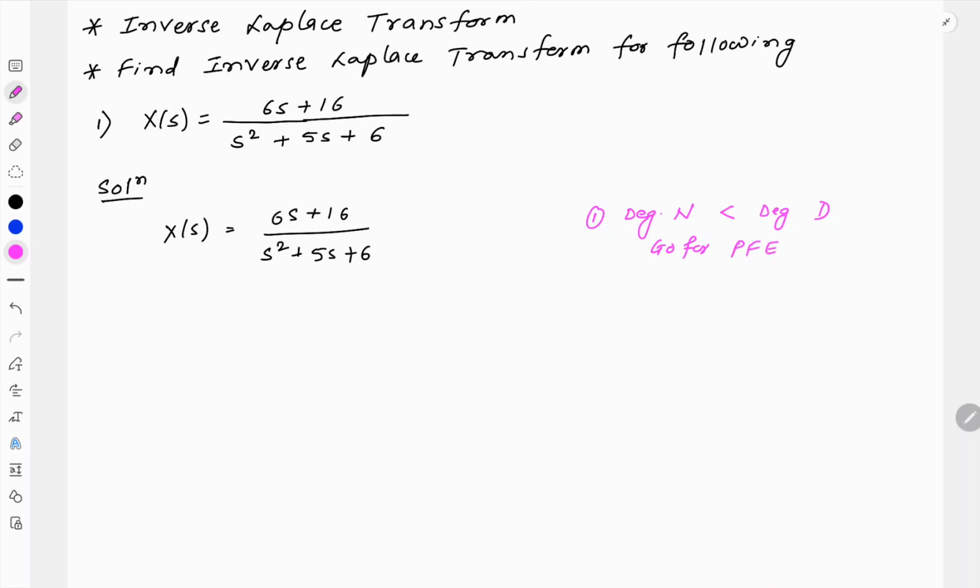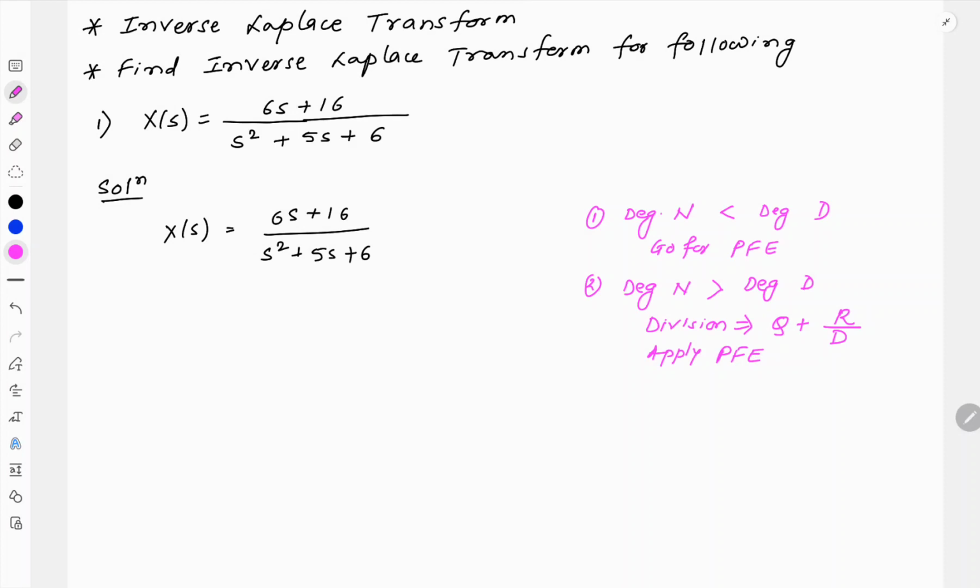Secondly, if the degree of numerator is greater than the degree of denominator, then first go for division and represent your answer as quotient plus remainder upon divisor, where the degree of the remainder polynomial will be less than the degree of the divisor polynomial, and then apply partial fraction expansion.